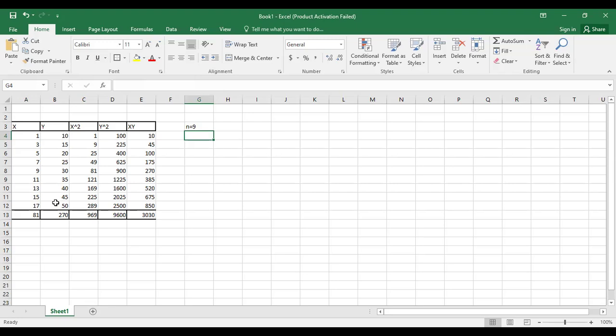Yeah. So firstly, we need n, right? So let's calculate the numerator.